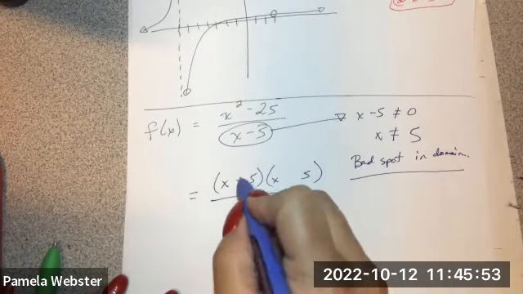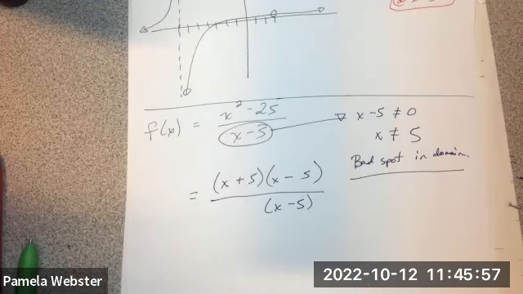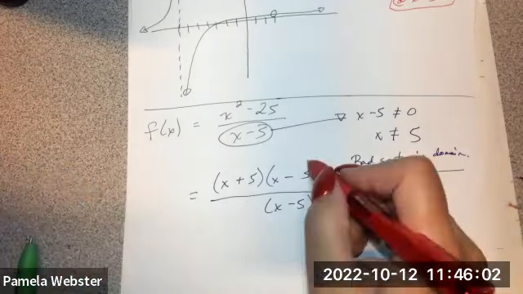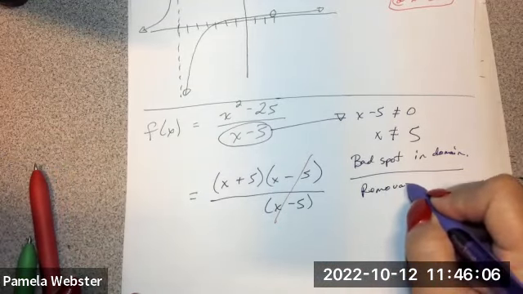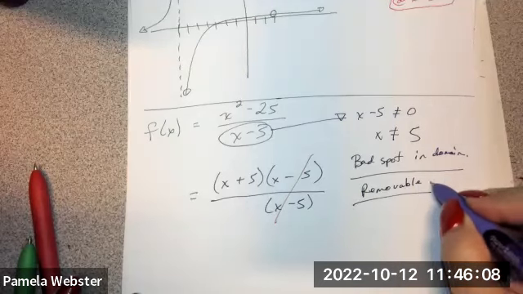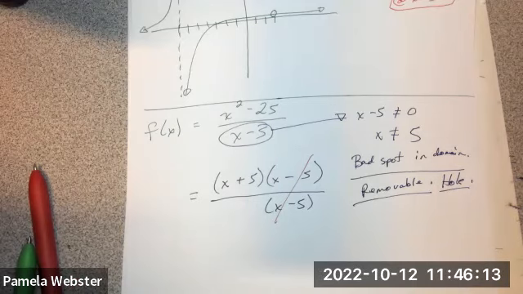And we know that should be a plus and a minus, right? And look at that. Sure enough, it will remove, right? So this guy is removable. And it's going to be a hole. Okay. But it's not a vertical asymptote.